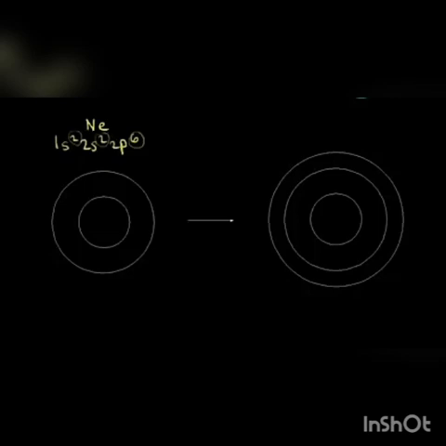So let's say this is our nucleus here with a positive 10 charge, 10 protons, and then we have our 10 electrons here surrounding our nucleus. So this is our neutral neon atom. If we try to add an electron, so here let's add an electron, so we still have our 10 protons in the nucleus, we still have our 10 electrons, which would now be our core electrons.